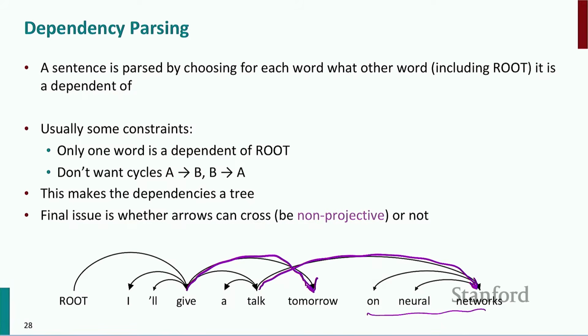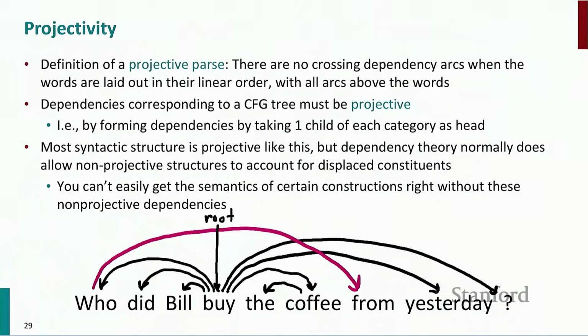And so you get these crossing dependencies, which are referred to as non-projective dependencies. You also get them when you form questions. So, "Who did Bill buy the coffee from yesterday?" The "who" is the object of the preposition "from," but it's been moved out the front. And so that again gives us non-projectivity.